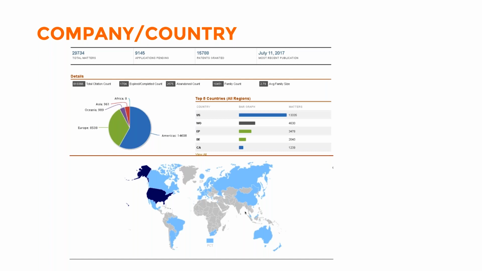We have a count of abandonments, a count of expireds, and a global distribution of the portfolio. We can see that they're a big PCT filer with WO applications. So we can make some very, very quick decisions about a company and their posturing, both globally and as well as their level of budgetary importance as to what they file in.